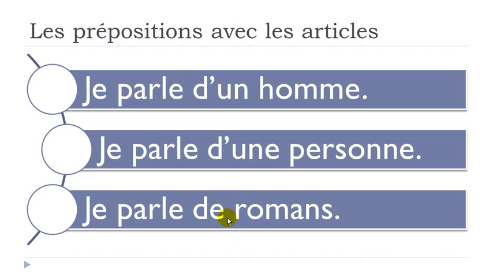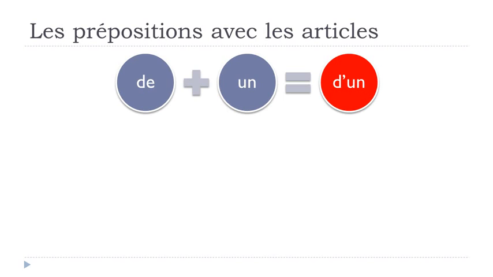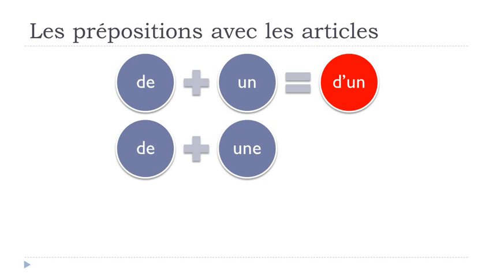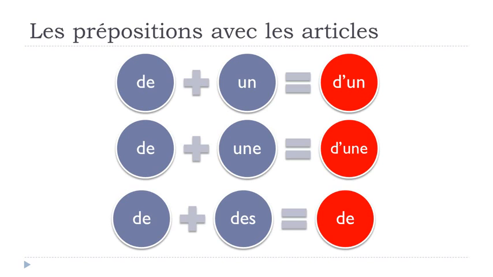So in that case, des will be taken away, all right? So remember, de plus un will become d'un. De plus une will become d'une. De plus des will become de. Okay, so you will have to take this des away.